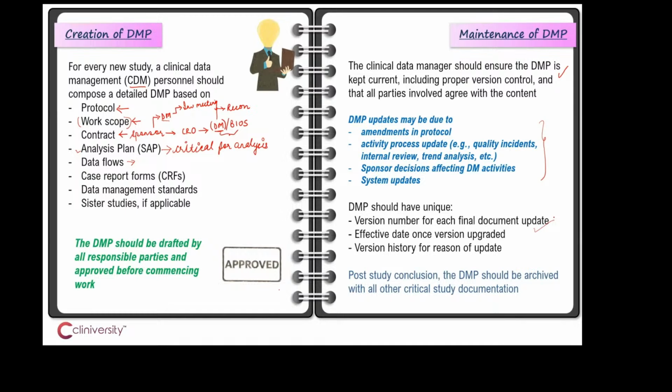But if there are any major updates which affect all the stakeholders, and it's a major upgrade, then the next version will be version 2.0. Okay. So decimal upgrades for minor updates, and whole number updates for the final one. This is one of the good documentation practices for certain organizations.